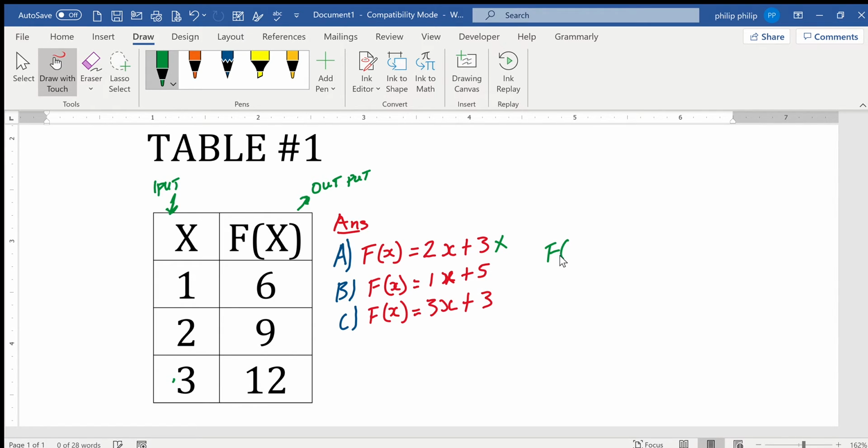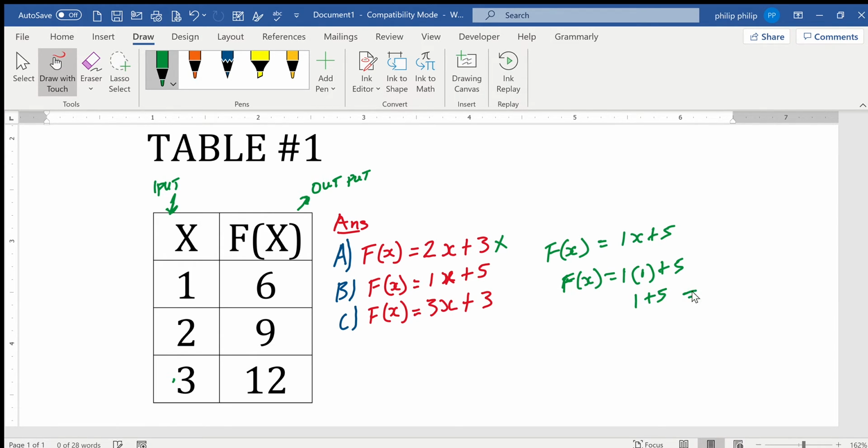We got f of x equals 1x plus 5. So now we have 1 parentheses 1 plus 5, right? Now let's test this. 1 times 1 is 1, plus 5.